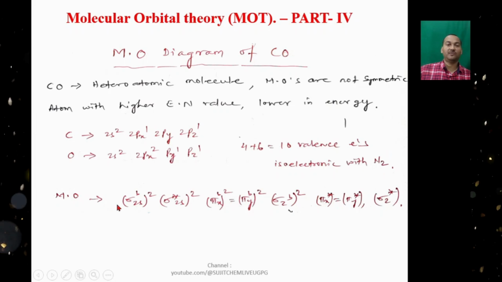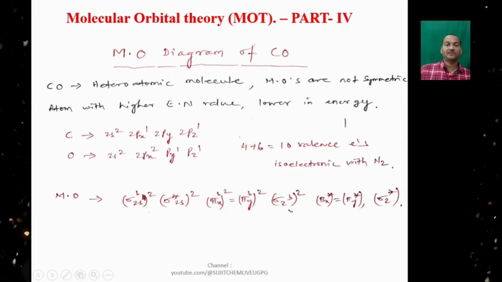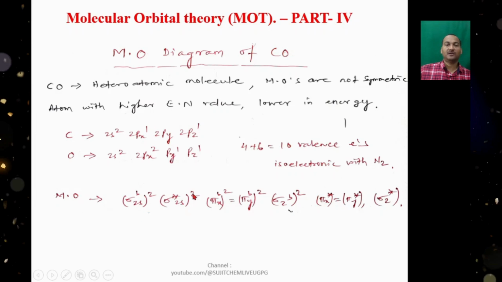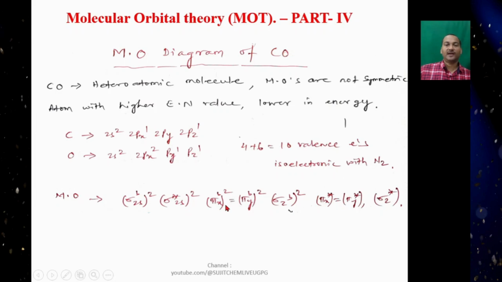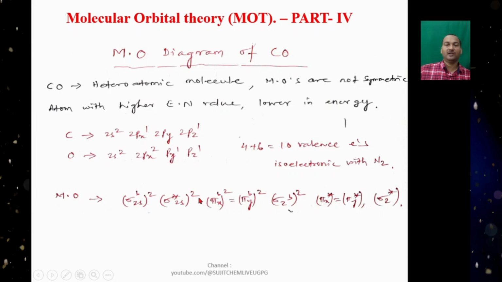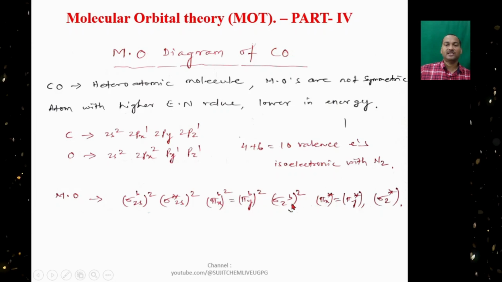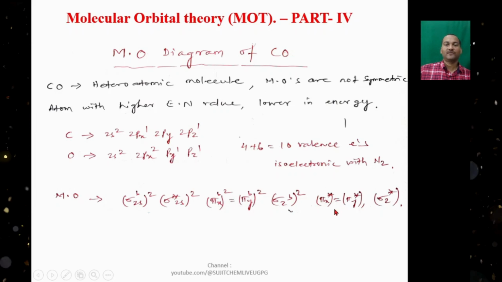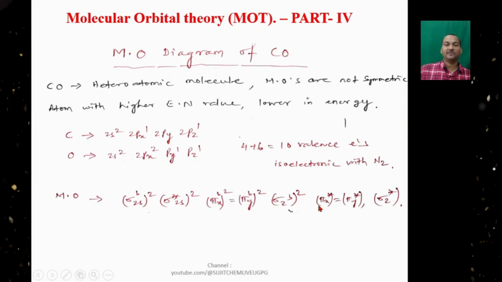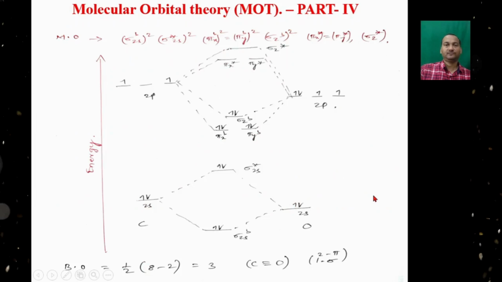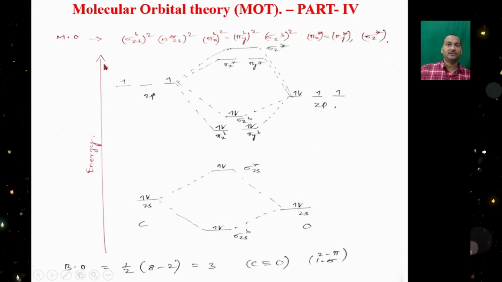And here is the MO configuration. Sigma 2s bonding 2, sigma star 2s antibonding 2, then pi x bonding and pi y bonding each have 2 electrons. Then sigma z bonding has 2 electrons, and the antibonding orbitals remain vacant. So here is the MO diagram.